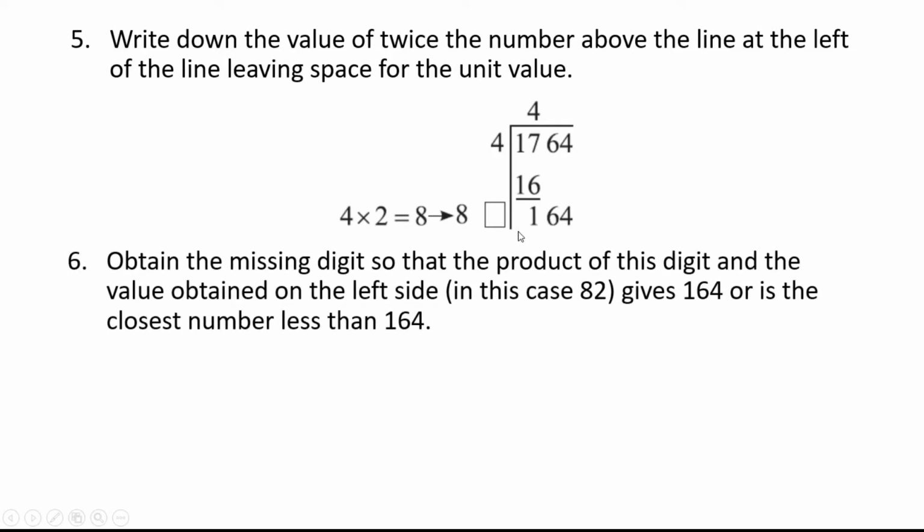The same digit should be written above the line to the right of 4 as well. Obtain this missing digit so that the product of this digit and the value obtained on the left side, in this case 82, gives 164 or is the closest number less than 164.